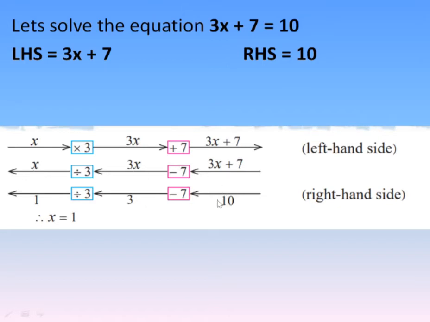We have 10 here. We are going to reduce 7 from 10 as we have deducted in the previous step. Okay, the remaining is 3. In the previous step, we have divided by 3. So we are going to divide the 3 by 3 and we get the answer as 1. So x equals 1. This is the answer.